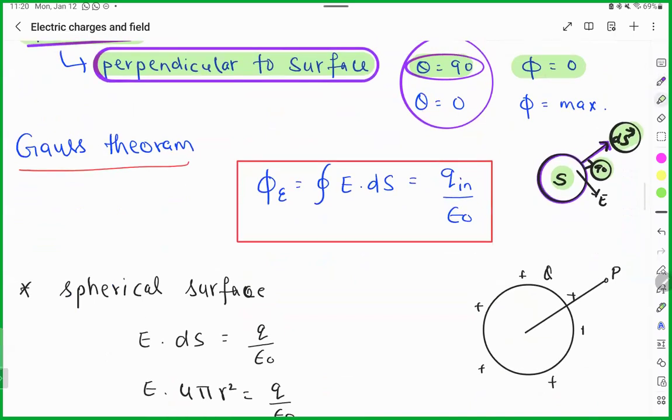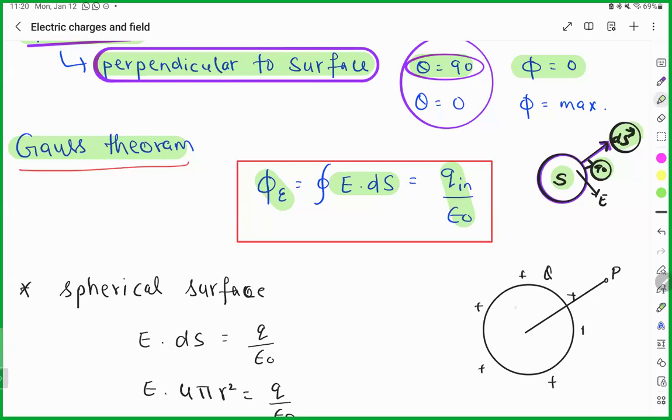So next, Gauss theorem. Gauss theorem says that if you want to calculate electric flux, it depends upon the electric field and the area vector. dS is not the area vector. It depends upon the amount of charge present inside the surface. If you have charge inside, it will be responsible for electric fields because there is something.